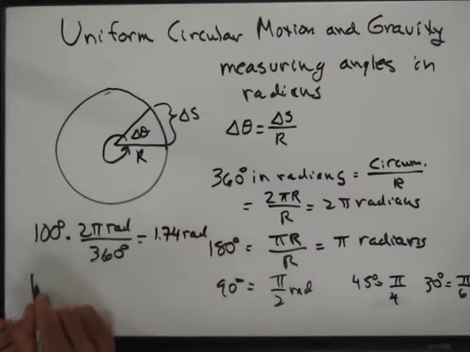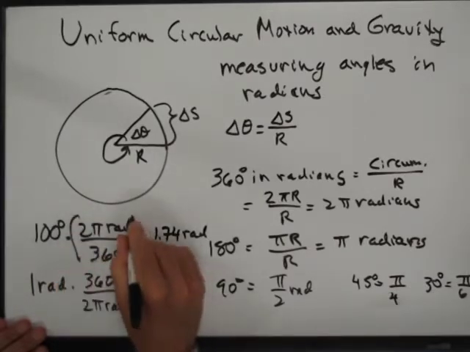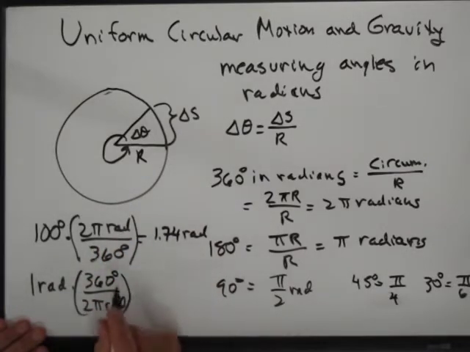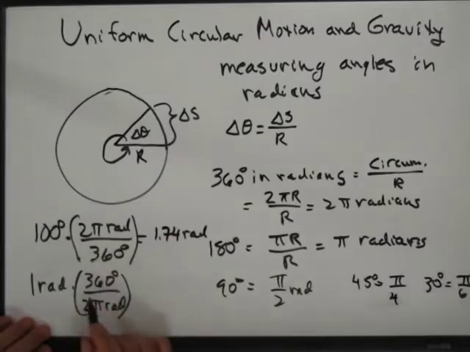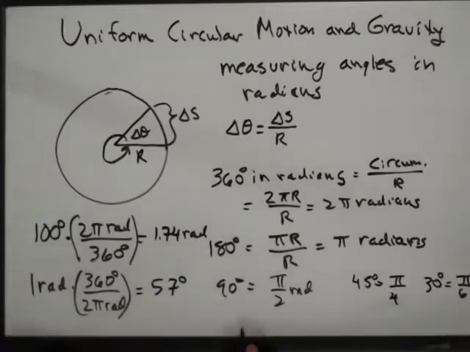I could also say, 1 radian times 360 degrees over 2 pi radians, right? And again, in each of these cases, I'm just doing a unit conversion. We've looked at those already, right? The thing in parentheses is equal to 1, I'm free to multiply by 1 any time. 2 pi radians is the same as 360 degrees. And so 1 radian comes out to about 57 degrees. And so you can do any of the conversions.